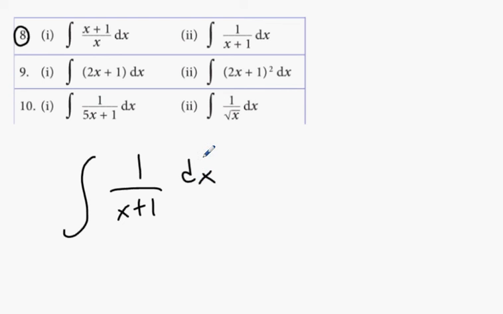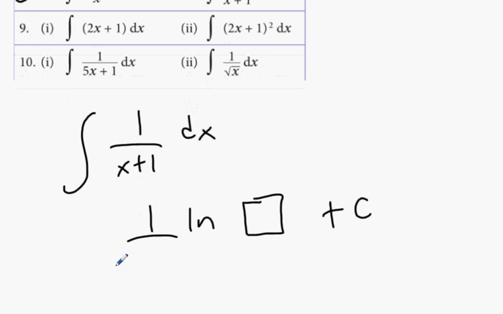The only thing that it tells you to do when you integrate it is, oh, the answer is ln whatever is on the bottom plus c. But what's omitted in your papers is it's 1 divided by the derivative of whatever was on the bottom. That's omitted from your log table, so you have to remember that.